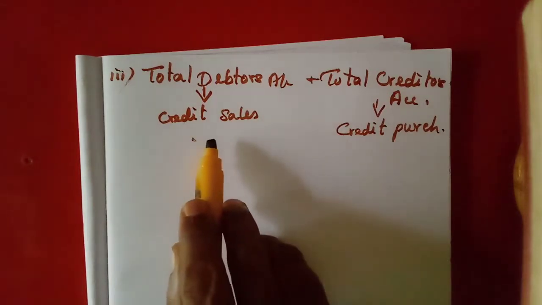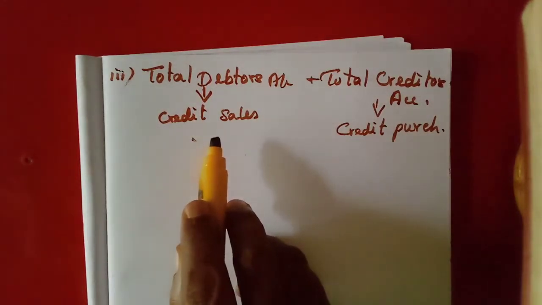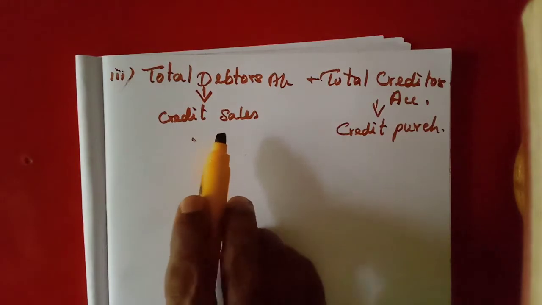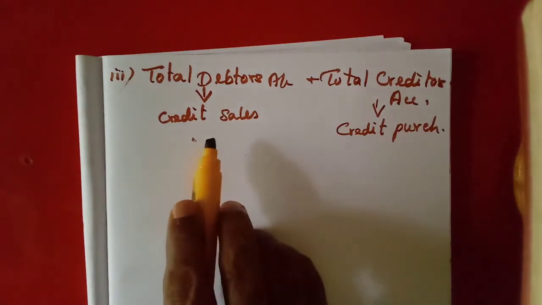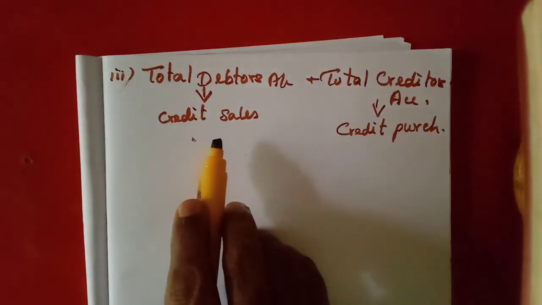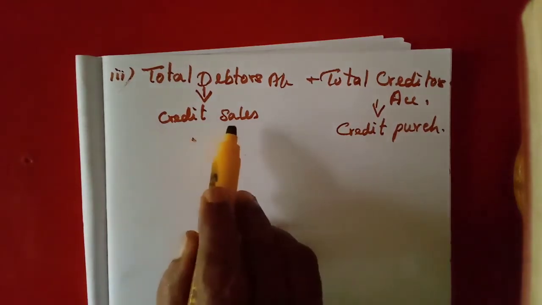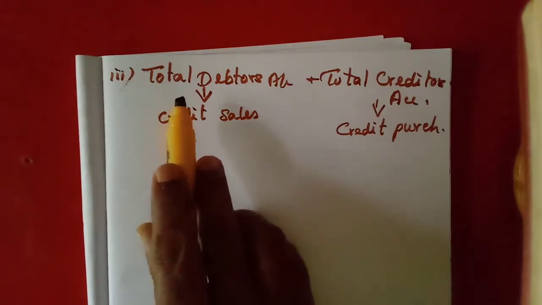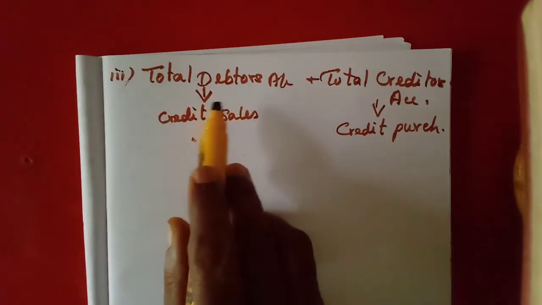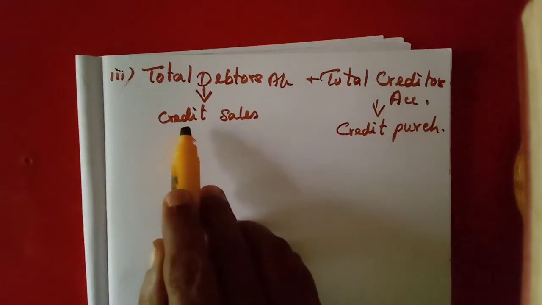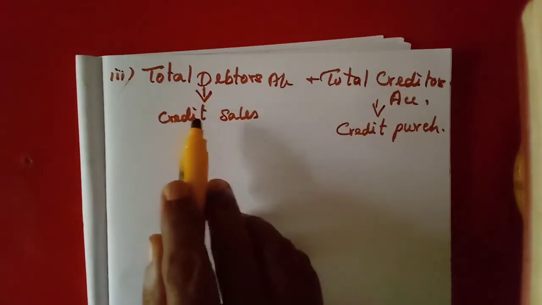The first one we have done to calculate the opening capital. Already we know how to prepare and find out the opening capital from the statement of affairs. Okay, here credit sales, or they will ask us to calculate the closing debtors, the balance at the end. They may give the credit sales and opening balance or some other items.